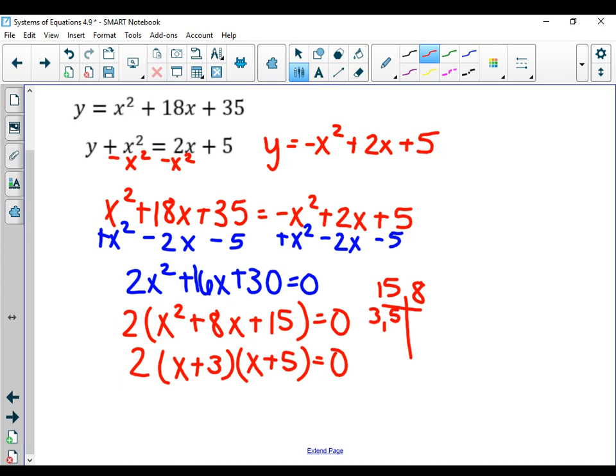Okay. So when I say the next step was to set them equal to 0, we would have said x equals -3 and x equals -5.